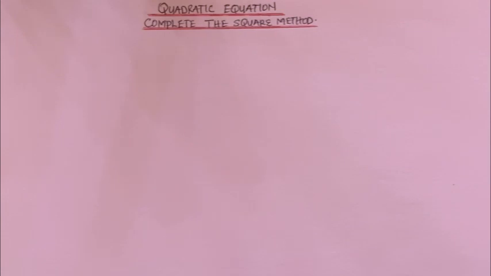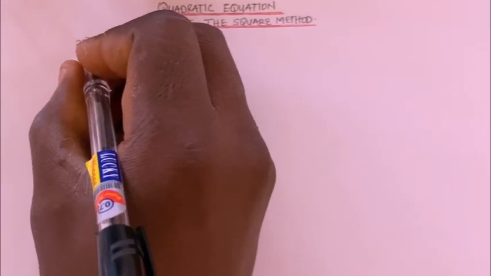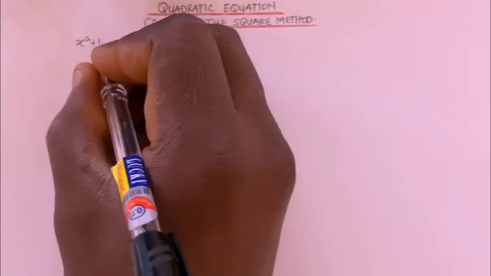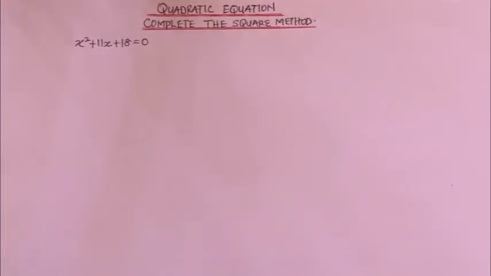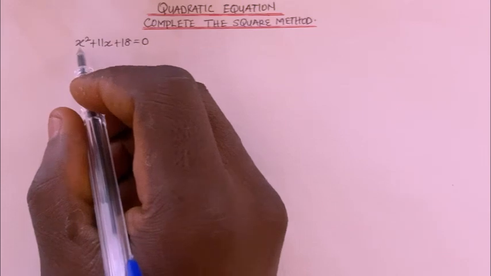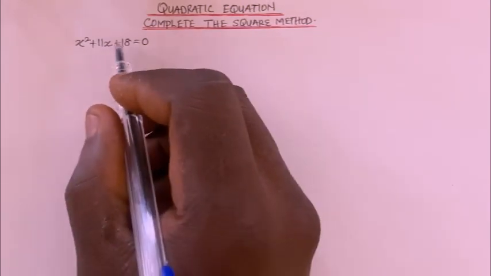So now suppose we are given a question in the form x squared plus 11x plus 18 equals 0, and we are asked to solve it using the complete the square method. The first thing we need to do is identify this as a, this is b, and this is c.